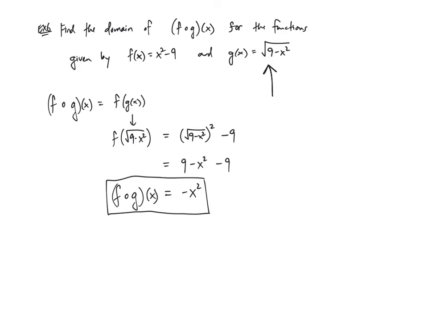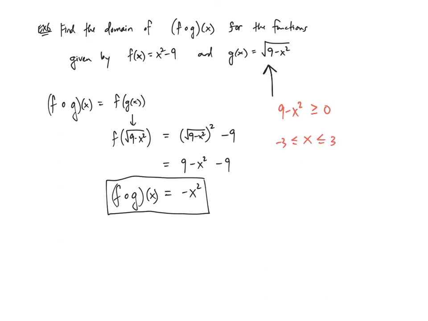Since the function began with the G function, right away there is a domain restriction. So right away we know that 9 minus x squared has to be greater than or equal to 0. And of course, if you solve that out, that means that x has to be between negative 3 and positive 3.